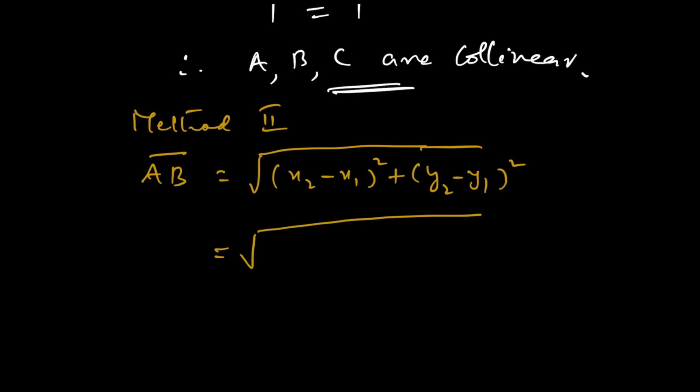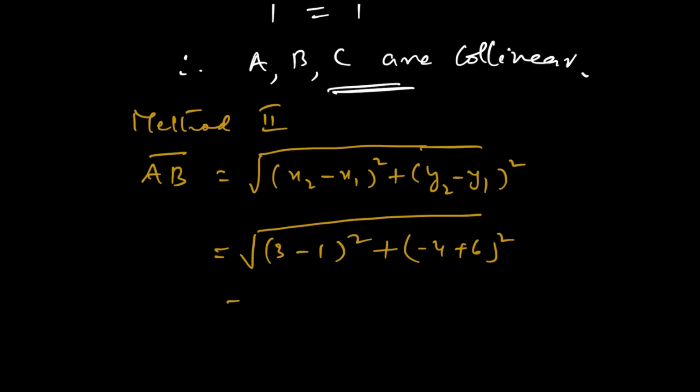What is A? 1 comma minus 6. B is 3 comma minus 4. Suppose these 2 points are x1, y1 and x2, y2. Root of x2 minus x1, 3 minus 1, whole square, plus y2 minus y1, minus 4 plus 6, whole square.